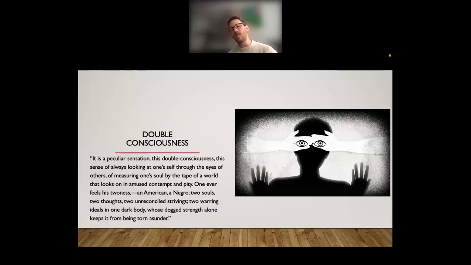And so when you are educated by a white culture as a Black person, you are looking at yourself through the eyes of another. That means measuring your own soul, he wrote, by the tape of a world that only looks on in contempt and pity. So it caused conflict within Black Americans to understand their two-ness: an American, a Negro, two souls, two thoughts, two unreconciled strivings, two warring ideals in one dark body.